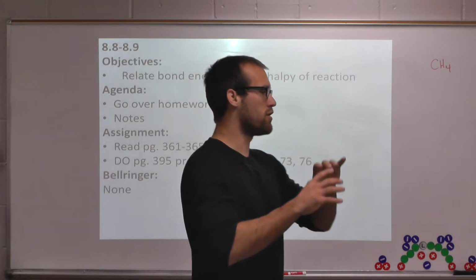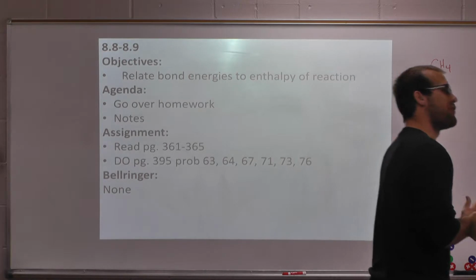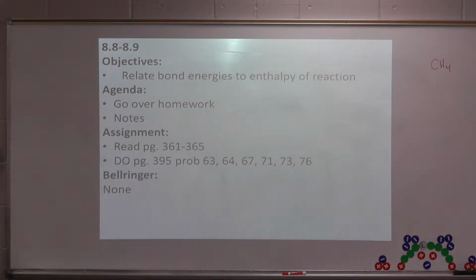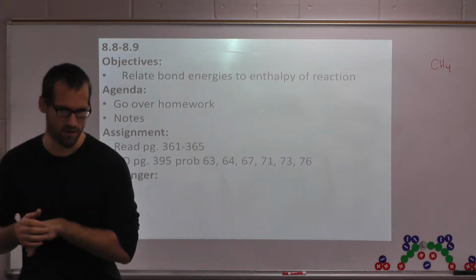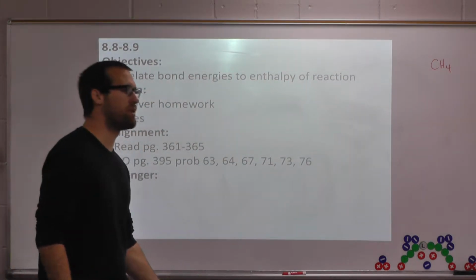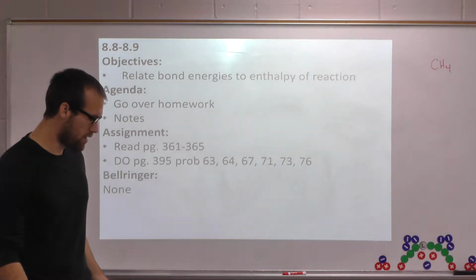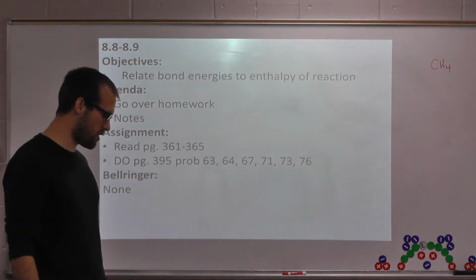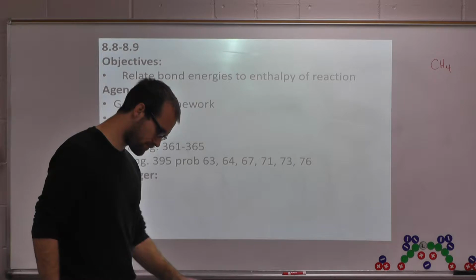We took an average and assumed all four of those bonds need exactly the same amount of energy to break them. We're going to see today, when we open up our books, that that's not the case. We assumed the molecular environment doesn't play a part in how much energy each bond needs to break. So let's open up our book, page 361.